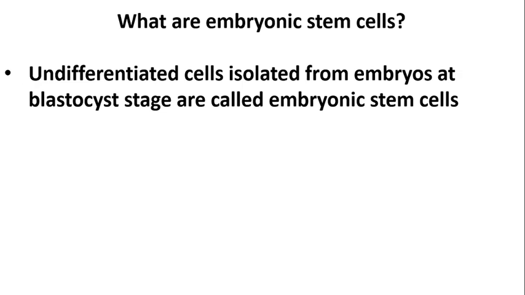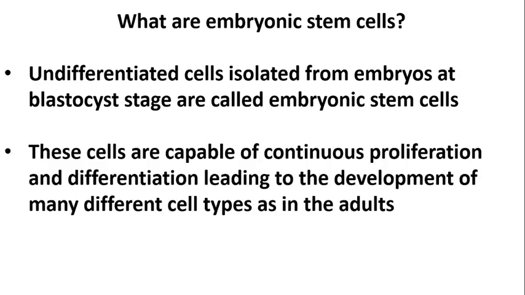They are called embryonic stem cells. And these cells are capable of continuous proliferation. They can multiply continuously and differentiate, leading to the development of many different cell types as in the adult.